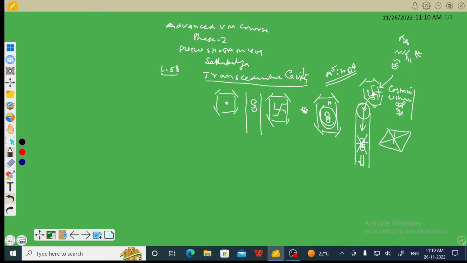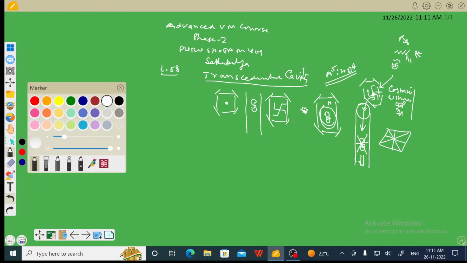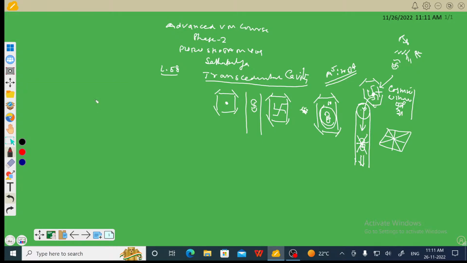Let us visit it slow by slow, step by step, sequence by sequence, as to the inflow of the transcendental content within the transcendental cavity.